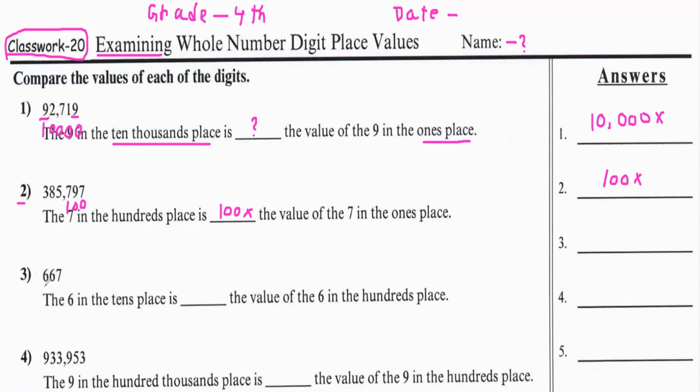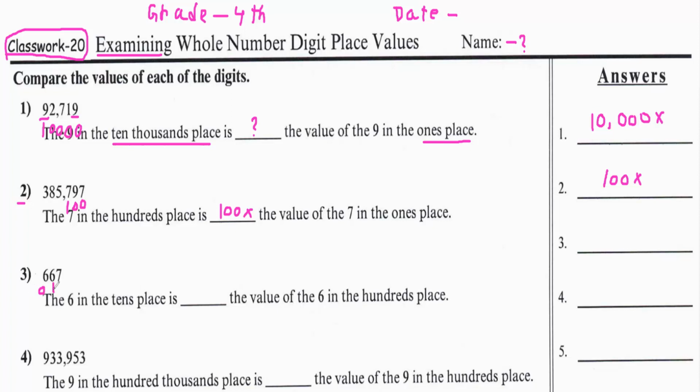Then number 3, the 6 in the tens place. Put the 1 here. What is the value of the 6 in the hundreds place? Here I am putting the 0 on the left side, and there I am putting the 0 on the right side. When I put the 0 on the left side, you have to divide.